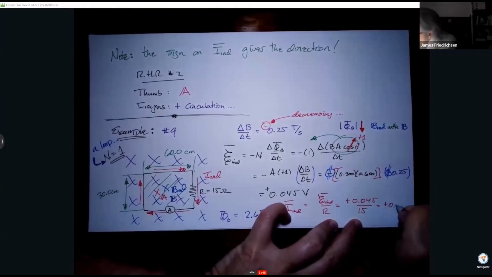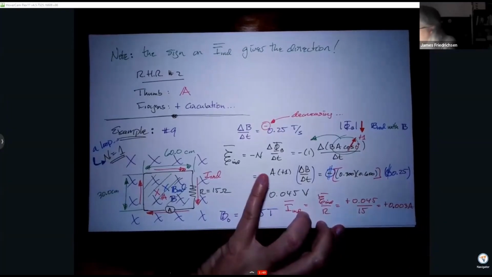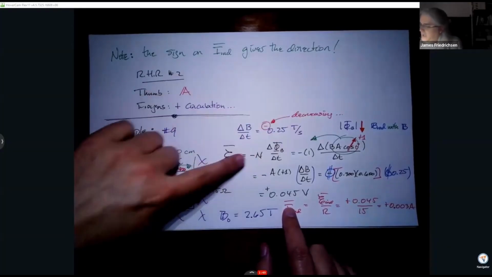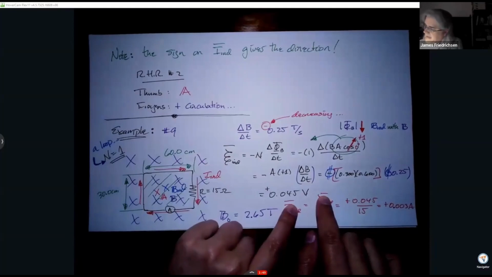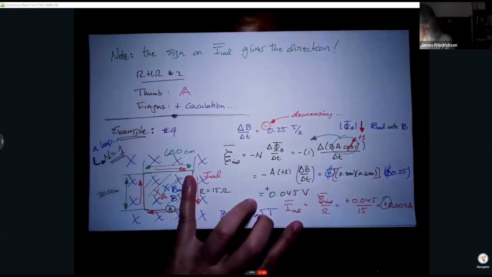Plus 0.003 amps. I need zeros after that, otherwise I don't have enough digits, but it'll be all right. You get the idea. So 3 milliamps is our answer. And since it's all constant and uniform, the averages are the values, and I can drop the averages. And the plus sign tells me the direction.